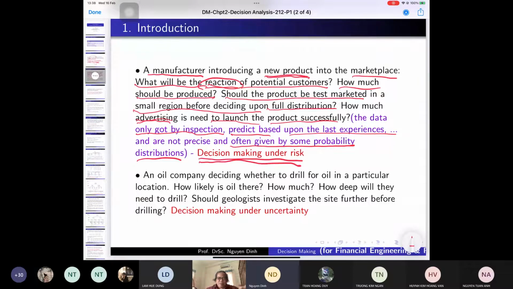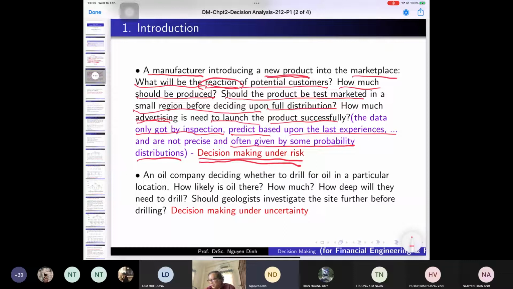So you can get some data from the real situation in the past, in some form like a probability distribution, and you make a decision based on this. In that case, we say that we have the case of making a decision under risk.